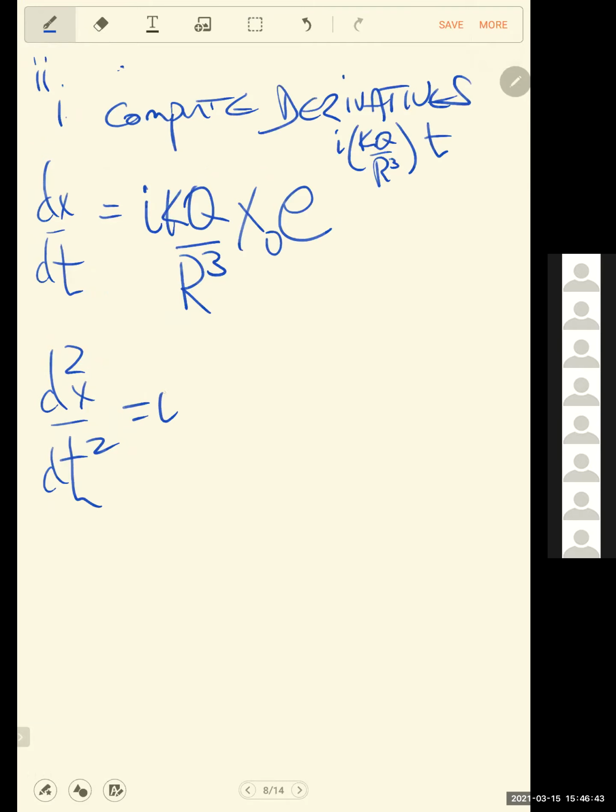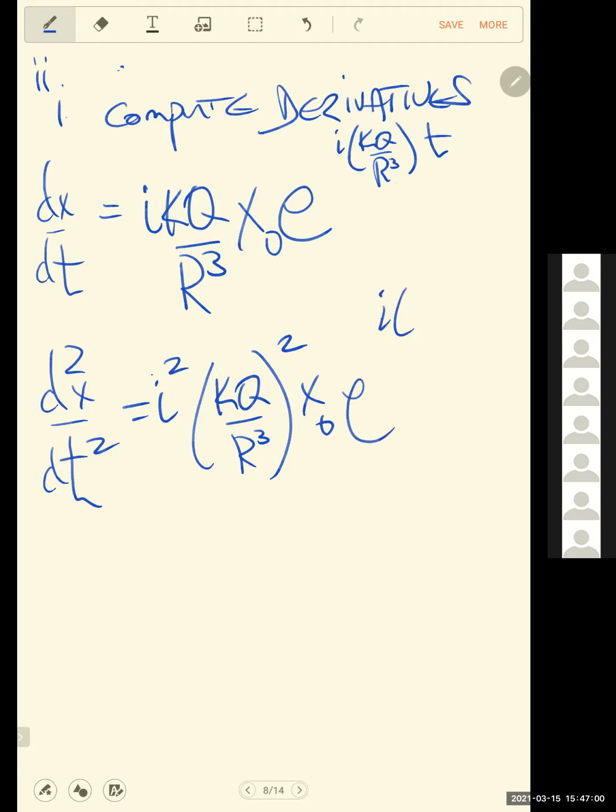I get i squared and all this garbage squared. Maybe that's a weird way to write it. But the x naught is not squared, right? The x naught is not squared because it's just been sitting there. It wasn't in the exponent. So we have that. That's the second derivative, right?